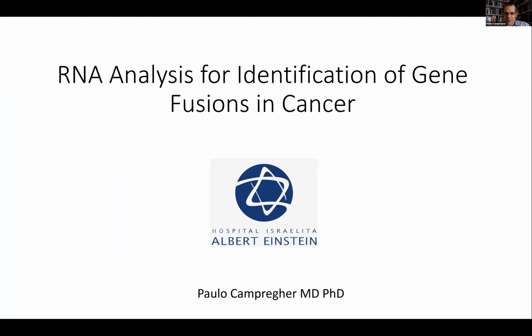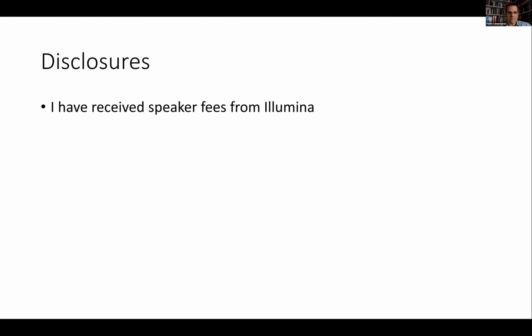I'm going to talk a little bit about some basic concepts, some challenges, and directions the field is moving, compare a little bit with DNA-based methods, and show some of our cases that illustrate very well how this is useful. For this talk, my disclosures are that I have received speaker fees from Illumina.